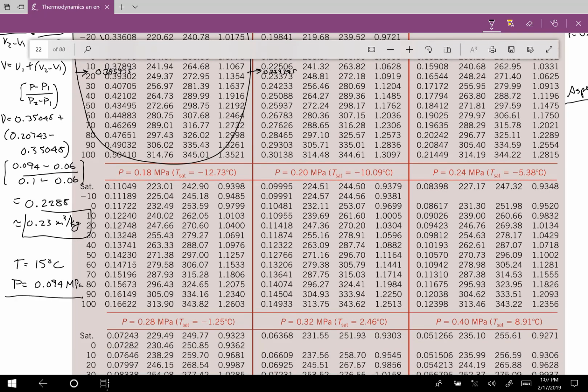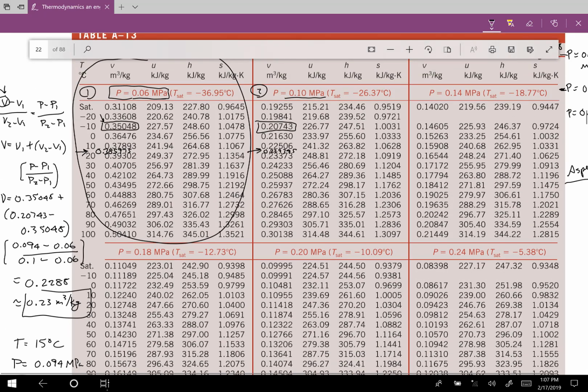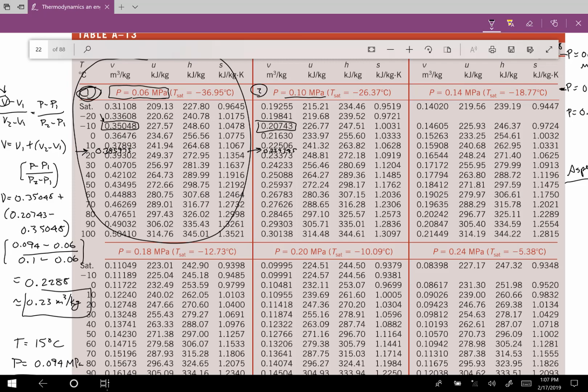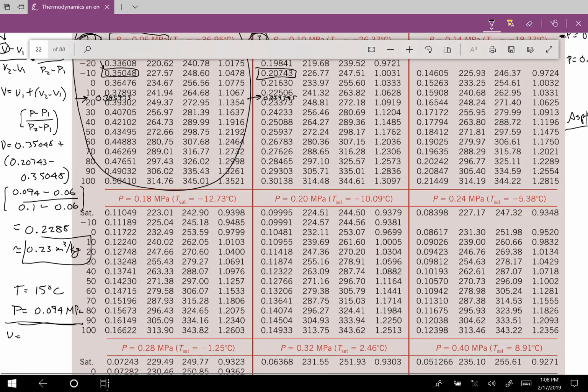I'm going to do this linear interpolation to figure out what the specific volume is at 15 degrees Celsius and 0.094 megapascals. So V is equal to, and I'm going to specify this table as 1 and this one as 2, so I'm doing the same thing basically.